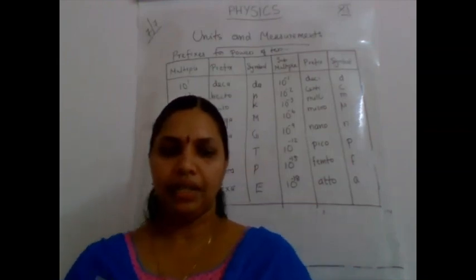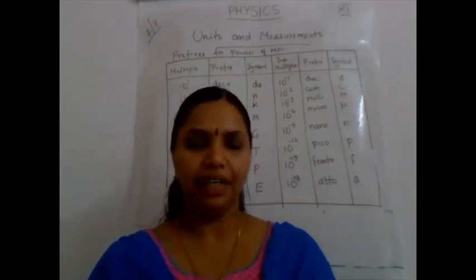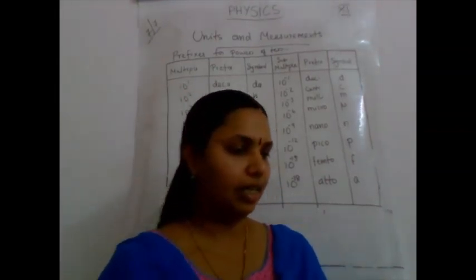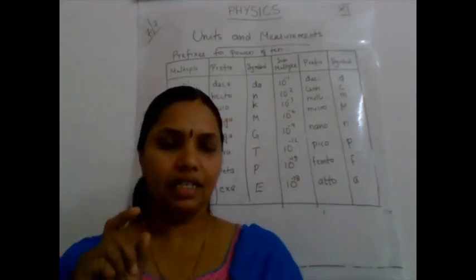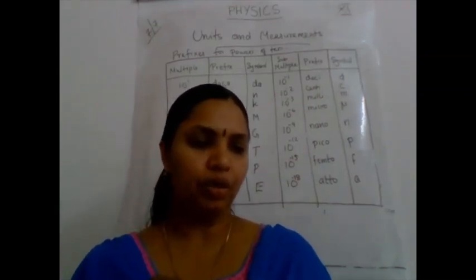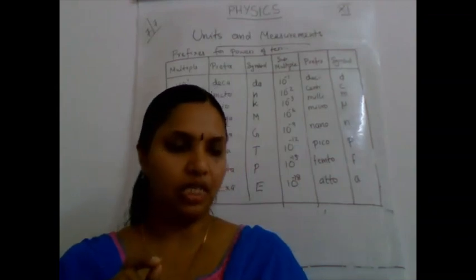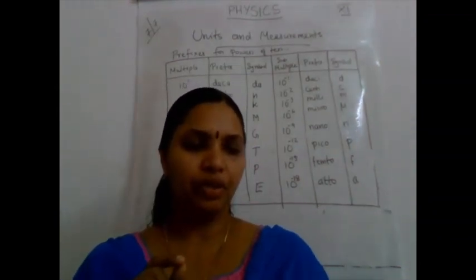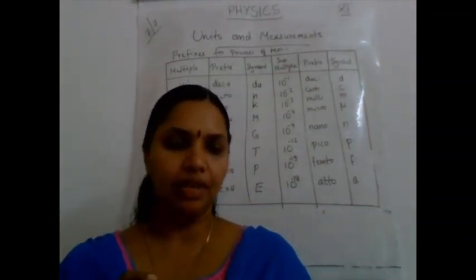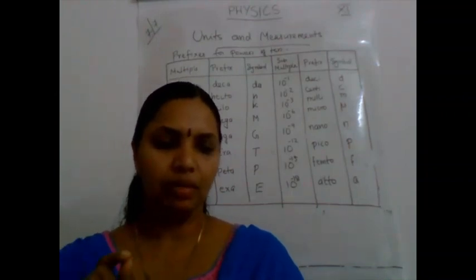You take your textbook, page number 35. You can see that exercise. In that exercise, 2.1 and 2.2, fill in the blanks questions. First one, the volume of a cube of side 1 centimeter is equal to dash meter cube.